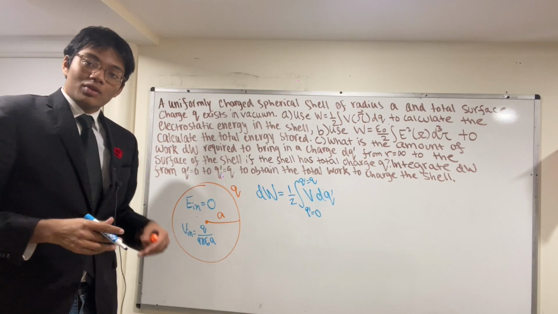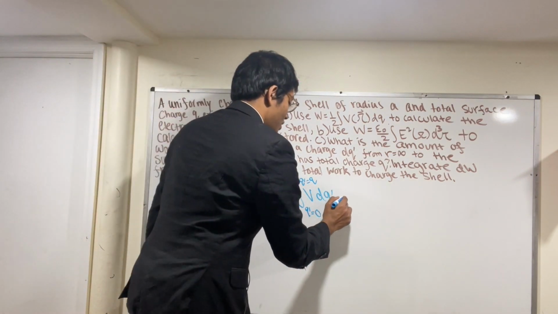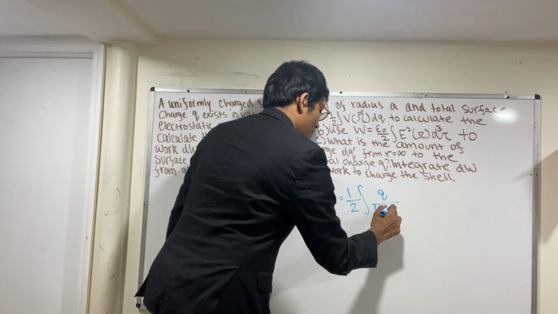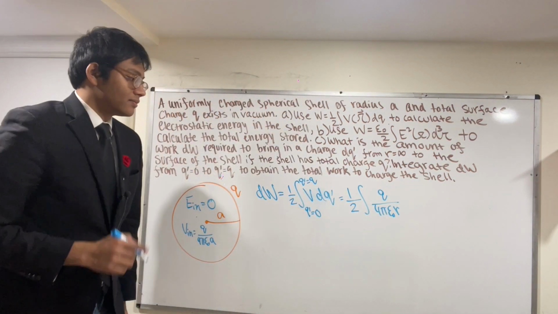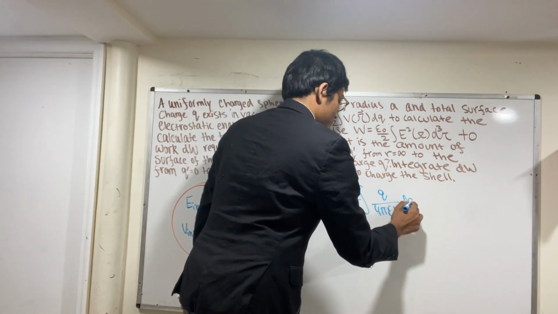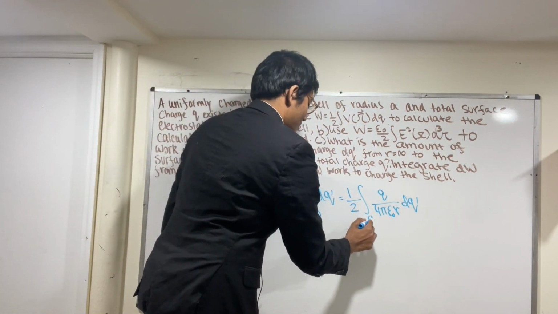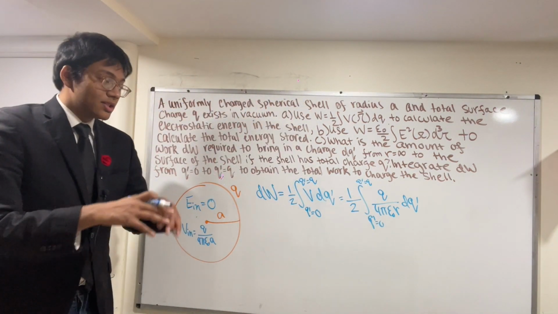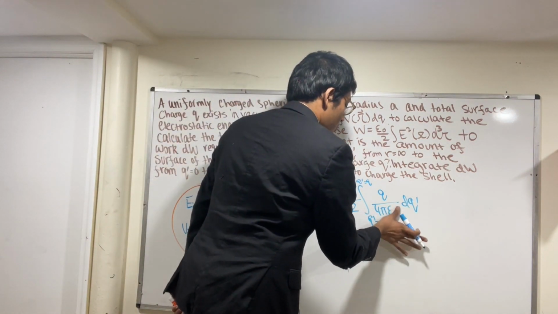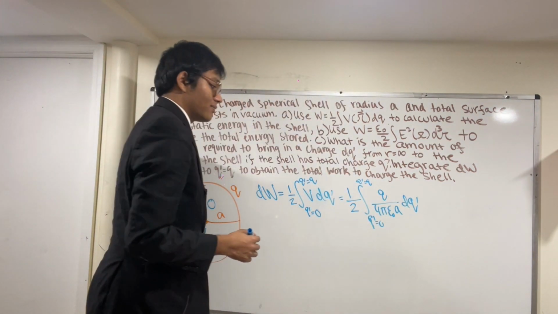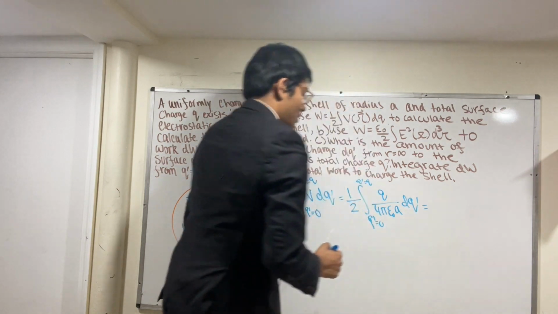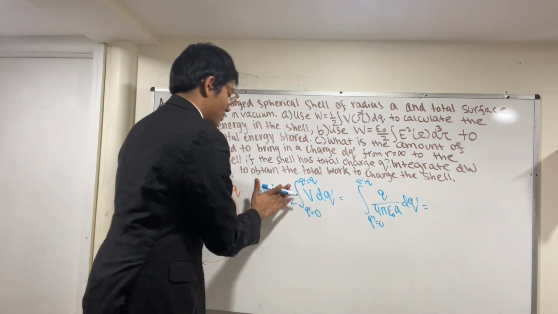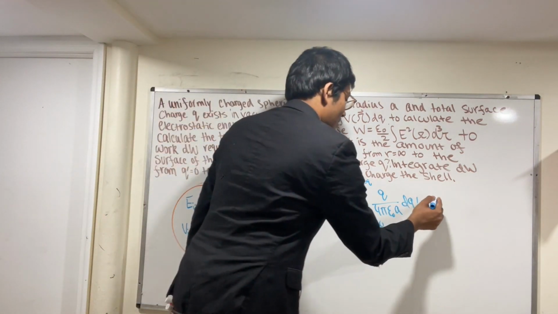So what is V? Well, the potential for a point charge is simply Q over 4 pi epsilon naught R. So we're going to have Q over 4 pi epsilon naught R dq prime as q prime heads from 0 to Q. Now, since we're on the surface of the shell, I'm going to make R equal to the radius of the sphere, which is A. There should not be a factor of half here, but since we're integrating, we'll get that factor anyway.